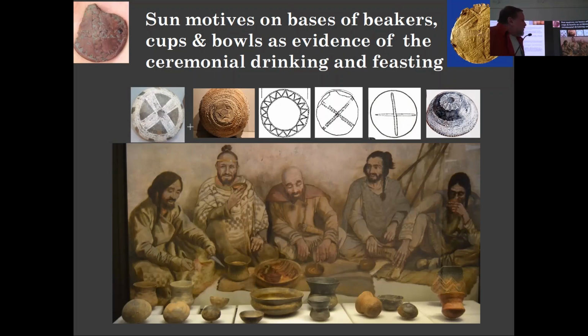Seeing these solar motifs, we can see it in the V-perforated antler bead on the left. We can see the beautiful golden plate from Ireland, with both crosses and solar symbols. But we can also see it on different bowls, beakers, and drinking cups, starting with the most beautiful depictions of encrusted, decorated bottoms, but also going as far as a very easily made cross on the bottom of a day-to-day cup.